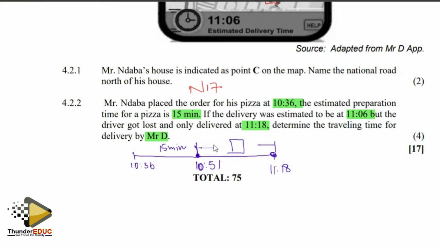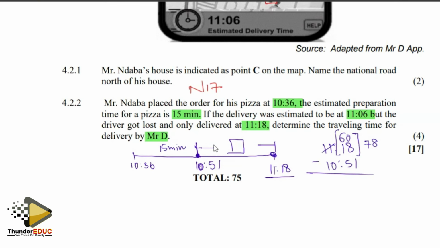What are we going to do? We shall get 11:18 minus 10:51. Now the trick here: 18 cannot subtract 51. What do we do? We borrow from the 11, turn it into minutes. So remember, you've borrowed a full hour. So you've borrowed 60 minutes. Add them up. What do you end up having? This is 78.